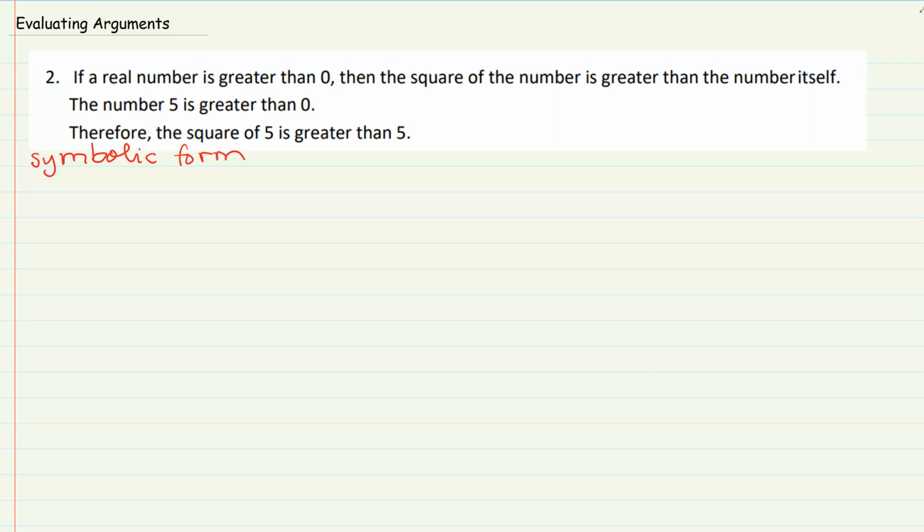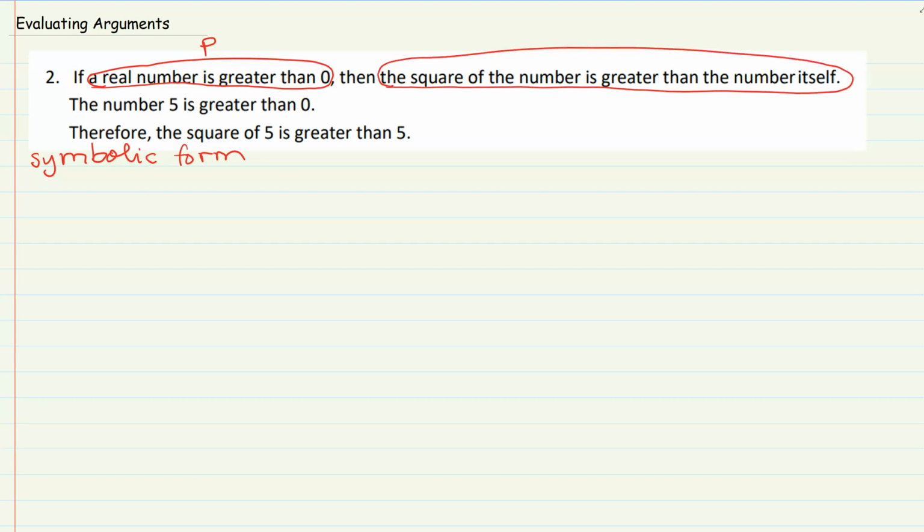Let's read: if a number is greater than 0, I would call that statement P, then the square of the number is greater than the number itself, and that would be Q. So P implies Q. If P, then Q. That's your first premise.